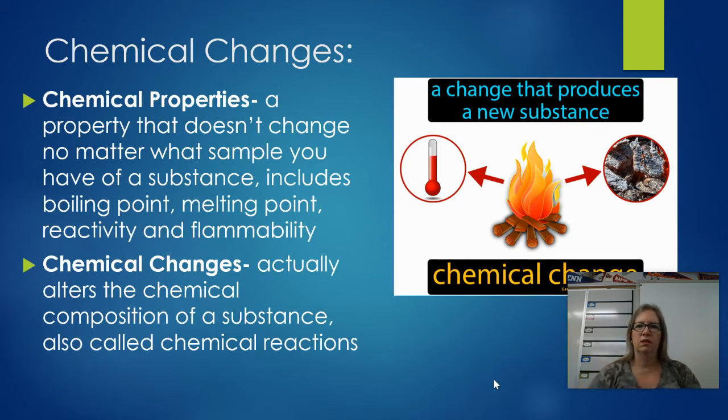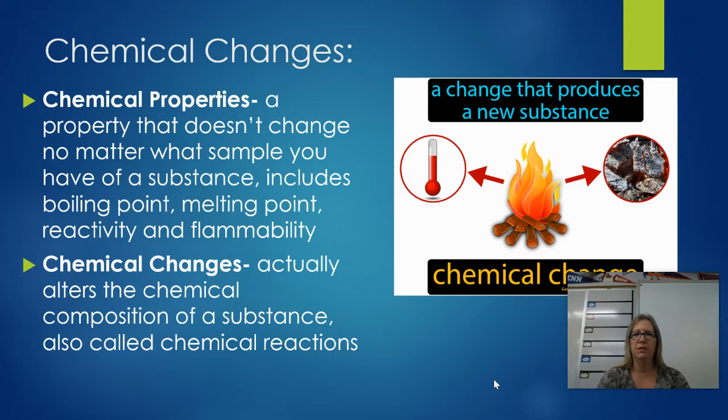Chemical changes are a lot different. The chemical properties are what are used to kind of identify it. It says a property that doesn't change no matter what sample you have of the substance. And some of those chemical characteristics that we'll talk about later on include boiling point, melting point, reactivity, and flammability.